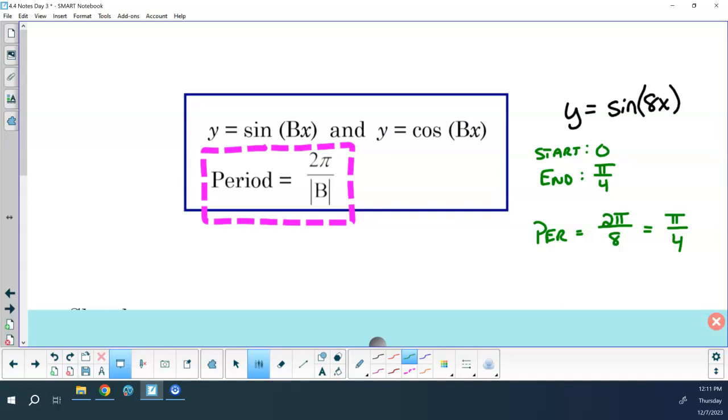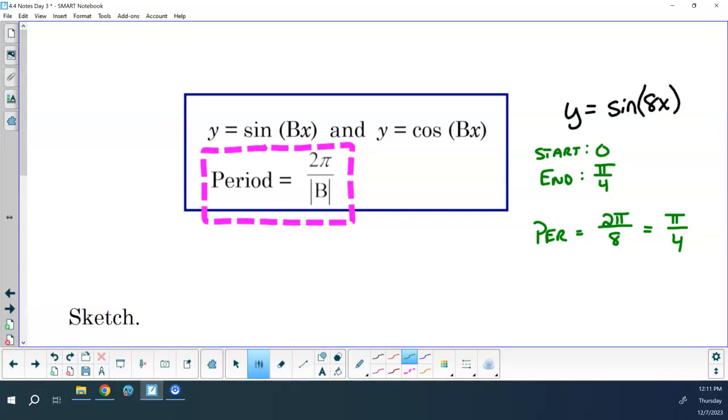Okay? So, with that being said, let's make some graphs and have B values in them.